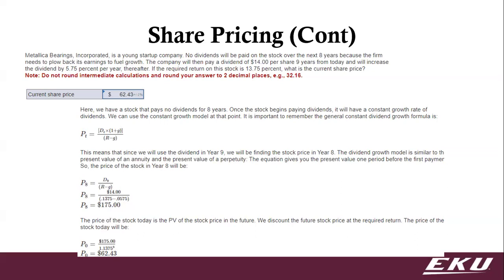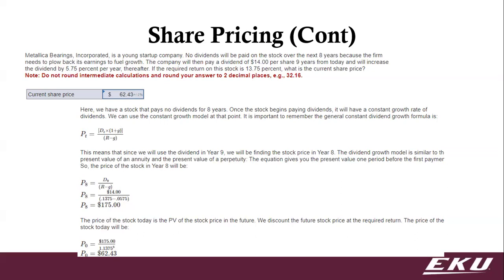Instead, that payment starts at time 1, not time 0. So I hope that's not confusing, but you just have to use the next period dividend, which you can use this period's dividend and just grow it at that constant rate. But that's why that number is a bit different.